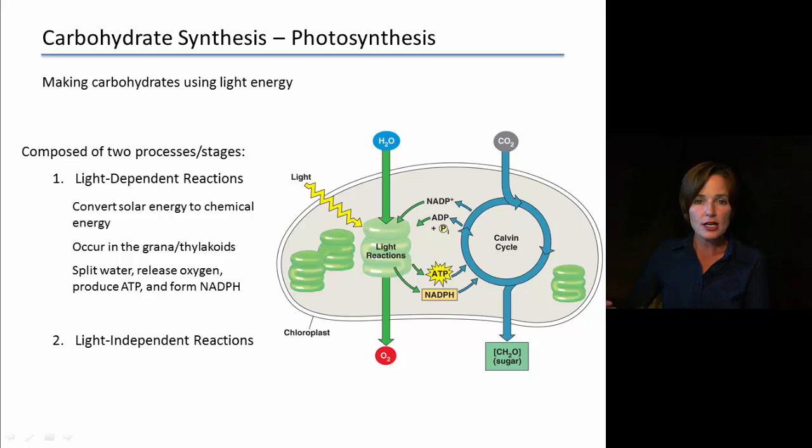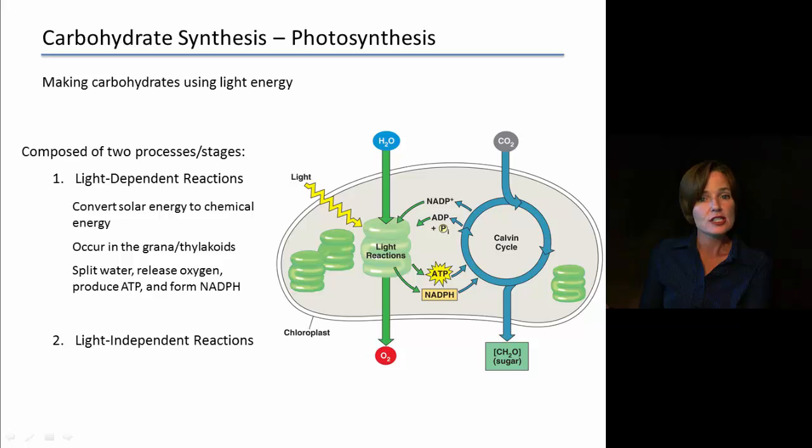Through that process, a water molecule is broken open. When we break open the water molecule, we produce oxygen that goes back to the atmosphere. And then we are getting the ATP. We will also be energizing some electrons, which are held by an electron carrier called NADPH.